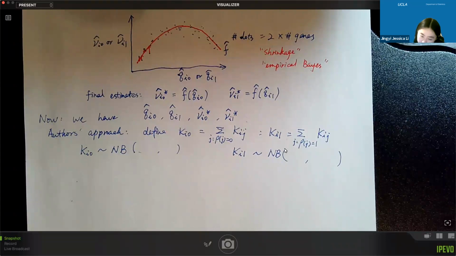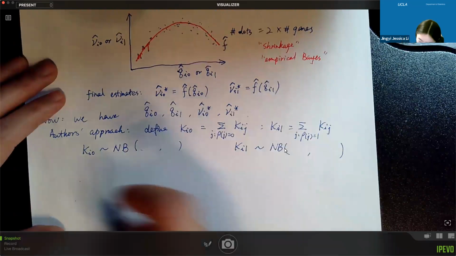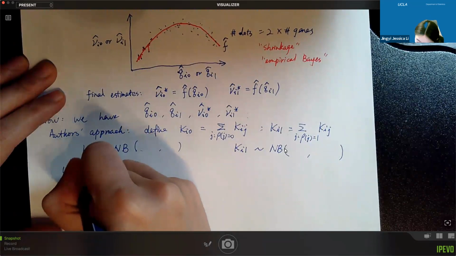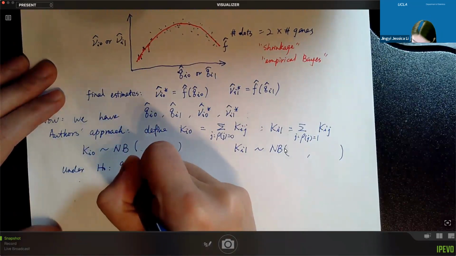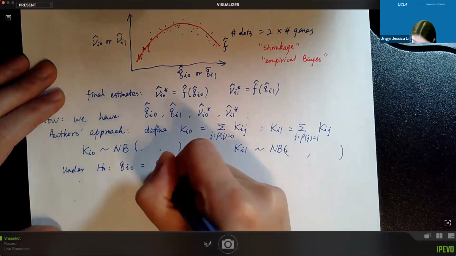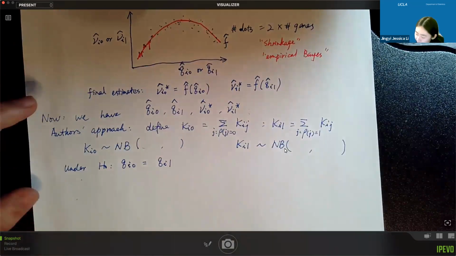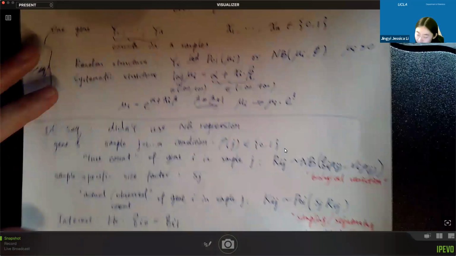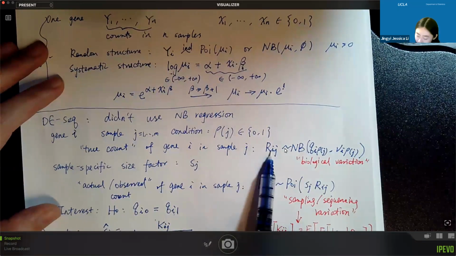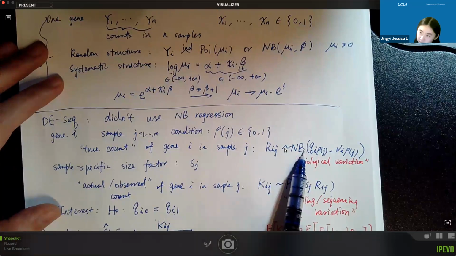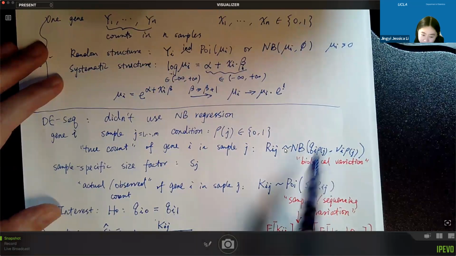And they are assuming that under the null hypothesis, Qi0 equals Qi1. If you think about this generative model, it necessarily means that all these samples for gene I are coming from the same negative binomial right here.